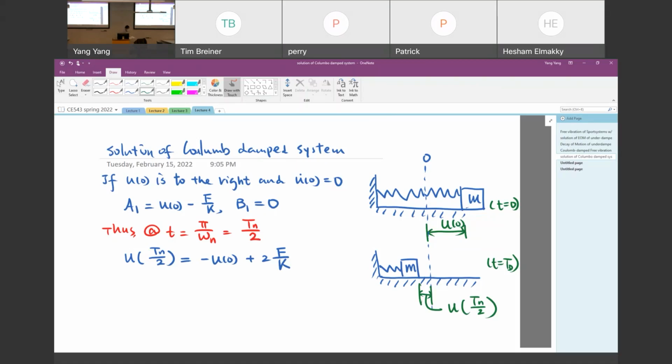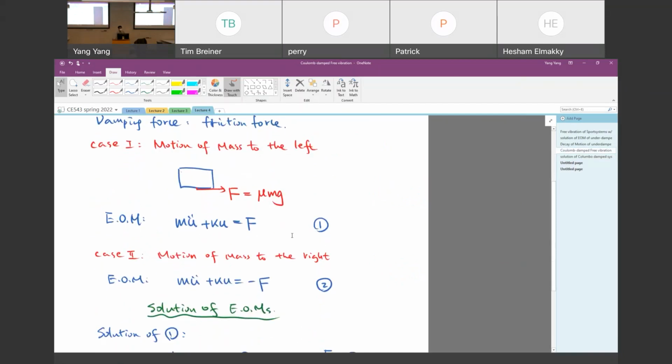Oh, right. As you can see here, because we induced the initial displacement on the right, the spring will pull the mass to the left. The motion is to the left, so we should be able to use the first equation. The first equation applies, because the first equation is formulated based on the motion of the mass to the left.